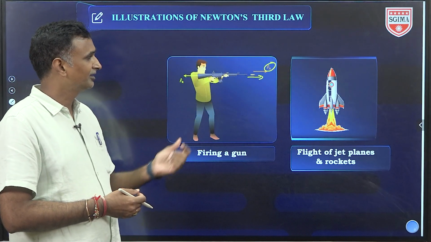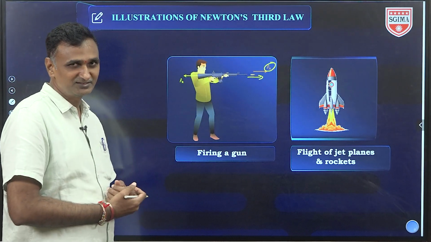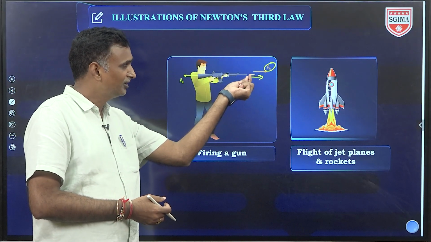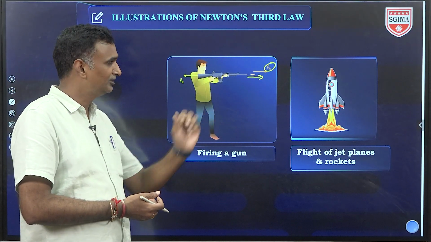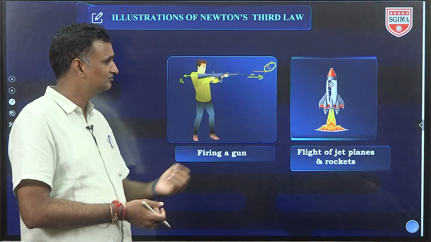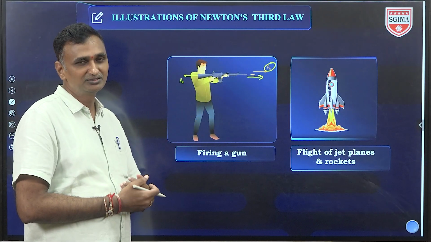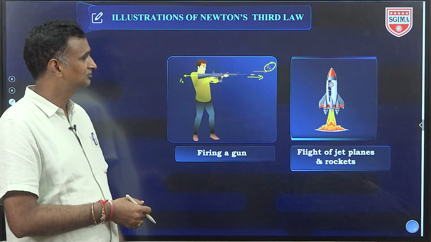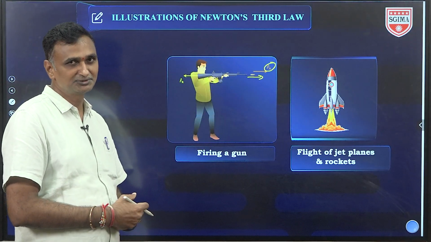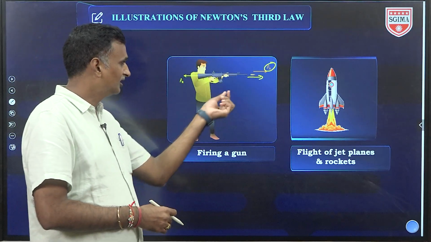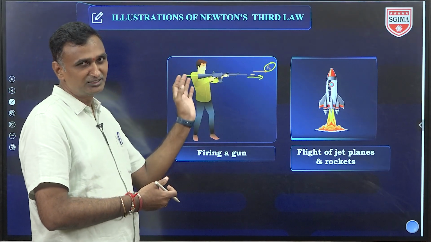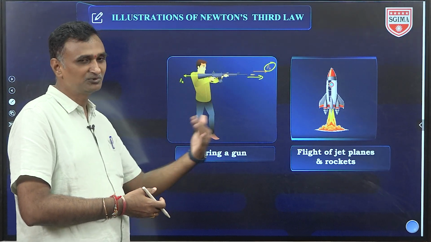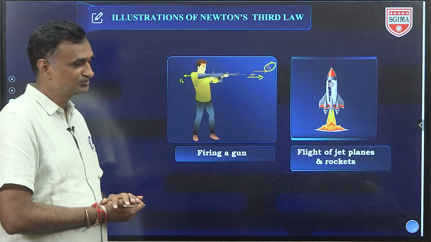When the bullet leaves the barrel, it moves with some momentum, so the gun moves back to conserve the momentum. That is the actual principle here. Based on this we have questions also. Here we have only one small example in Newton's third law, but for question purposes we will explain it in the next slides.